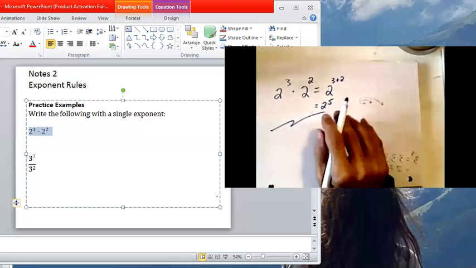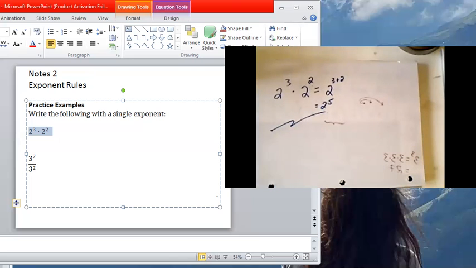Good work. When the base is equal, we keep the base the same number. For this example, I don't say 2 to the power of 5 is wrong, right?